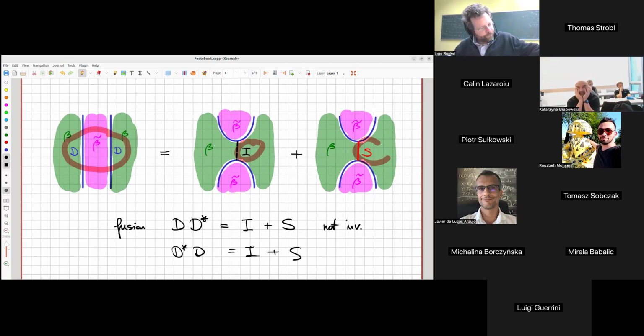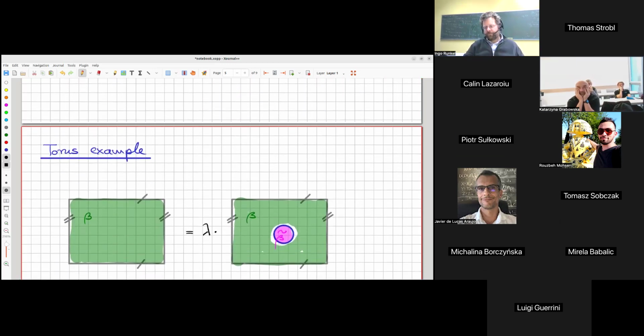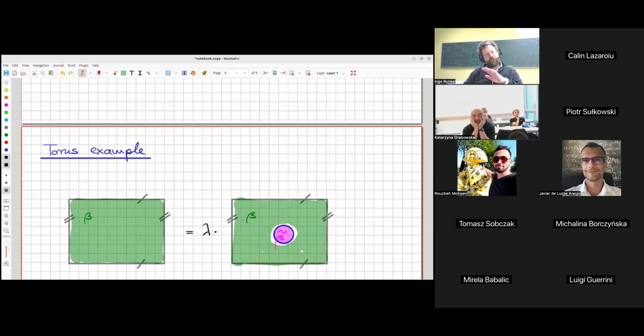So let's now do the torus computation again. Torus example: I have a torus which I filled with some lattice on which I evaluate the Ising model at temperature beta. Then, because my defects are topological, I can insert a little circle, a little bubble, inside which I have the Ising model at the dual temperature beta tilde.